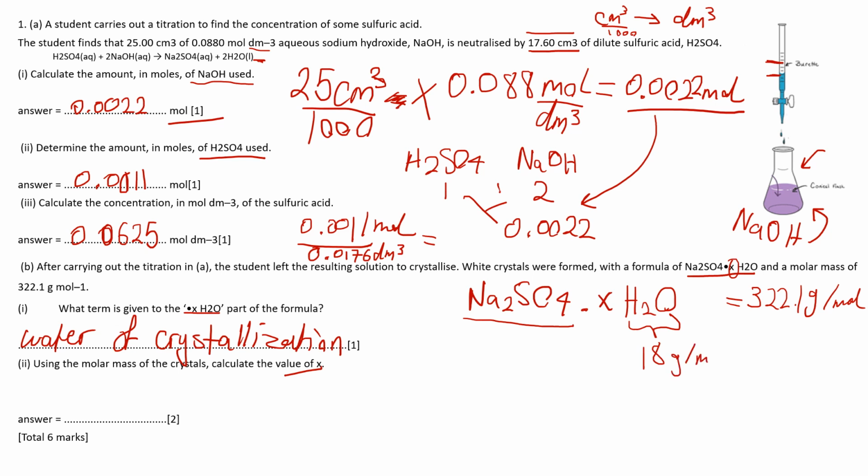And for this, sodium is 23, and that information is in the periodic table. So 23 times 2 plus SO4, which would be sulfur, is 32, plus oxygen is 16 times 4 because we have 4 atoms of oxygen here.